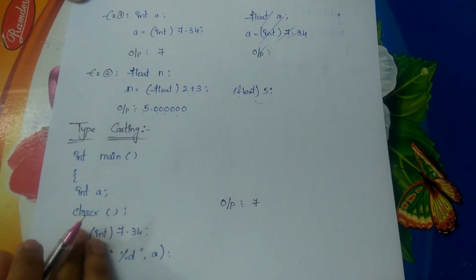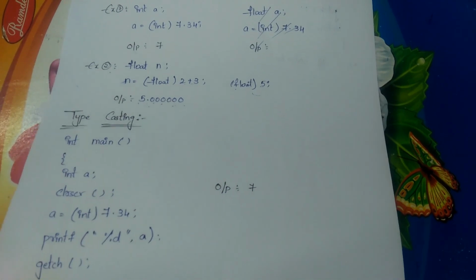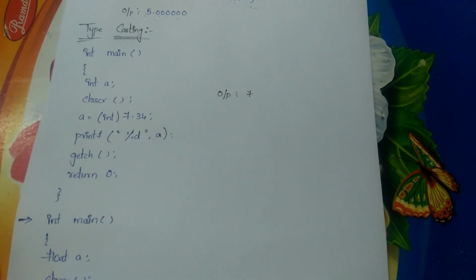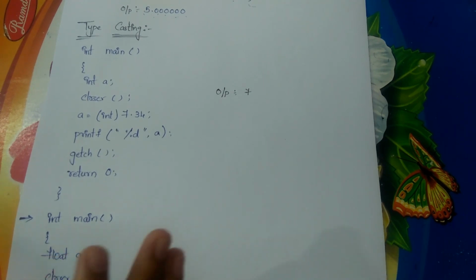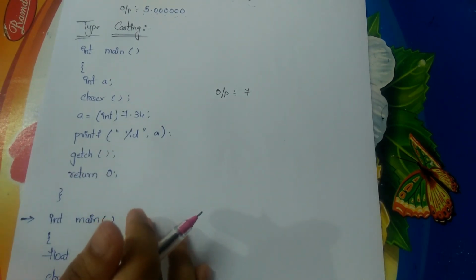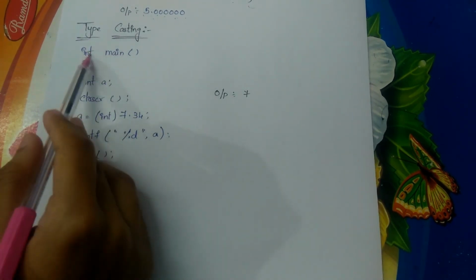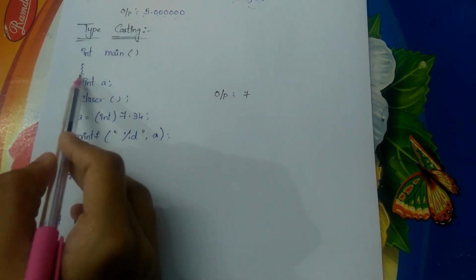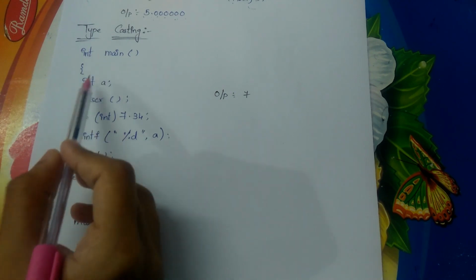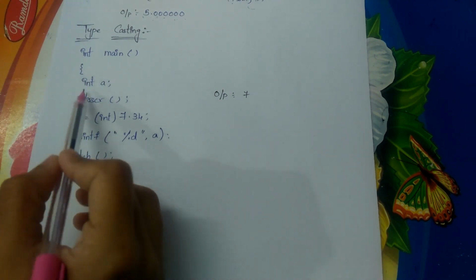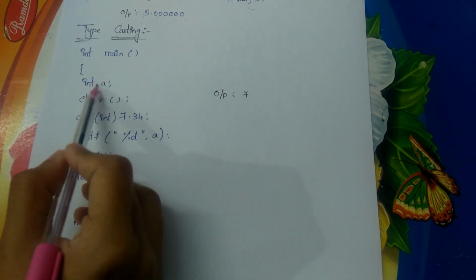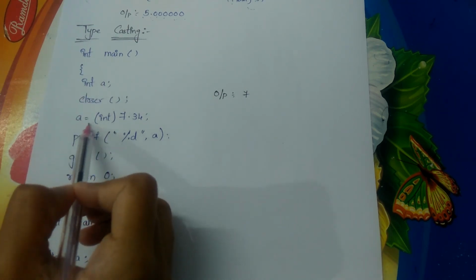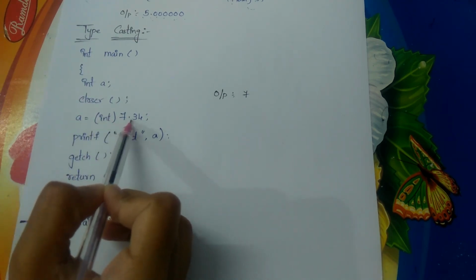Now let's see the typecasting. Let's see the program for this explicit type conversion. The same above expressions I am using in the form of a program. So before int main, we have to include the header file. Int main starts with a block of code within curly braces. Int a, I am declaring variable a as an integer, then clear screen, a is equal to int of 7.34.